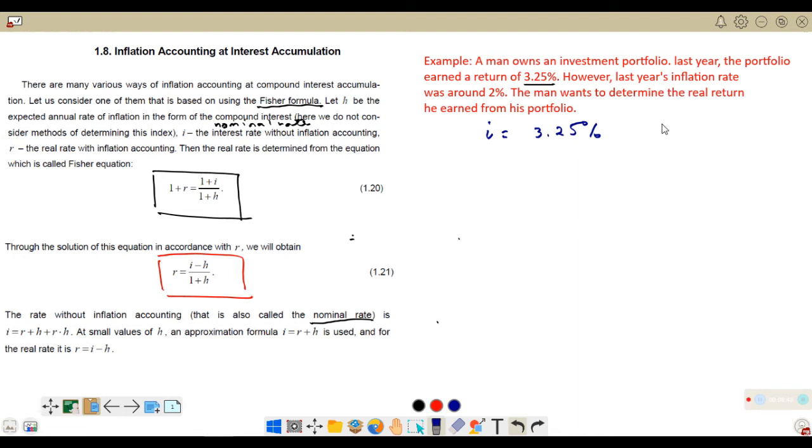Now, meron tayong inflation rate here, which is 2%. So, i-transfer muna natin sila sa decimals. We have 0.0325 and this is 0.02.